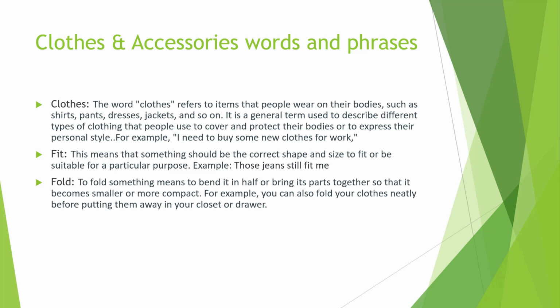The next word is fold. To fold something means to bend it in half or bring its parts together so that it becomes smaller or more compact. For example, you can also fold your clothes neatly before putting them away in your closet or drawer.